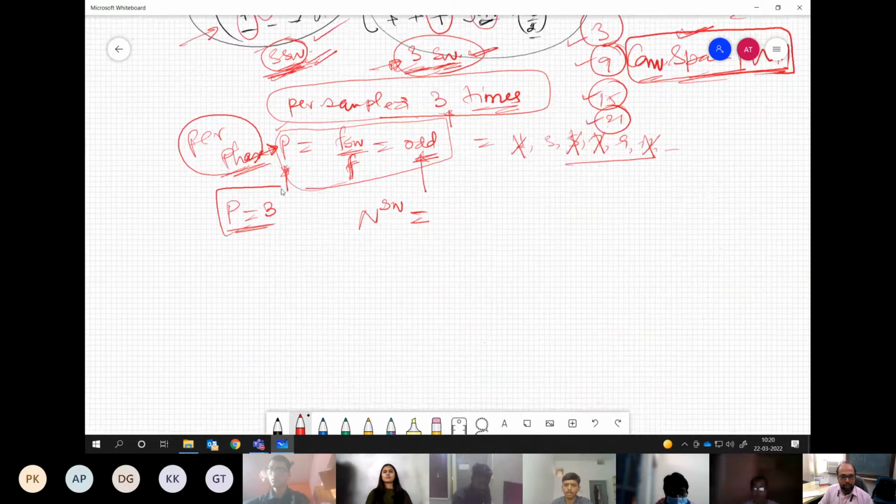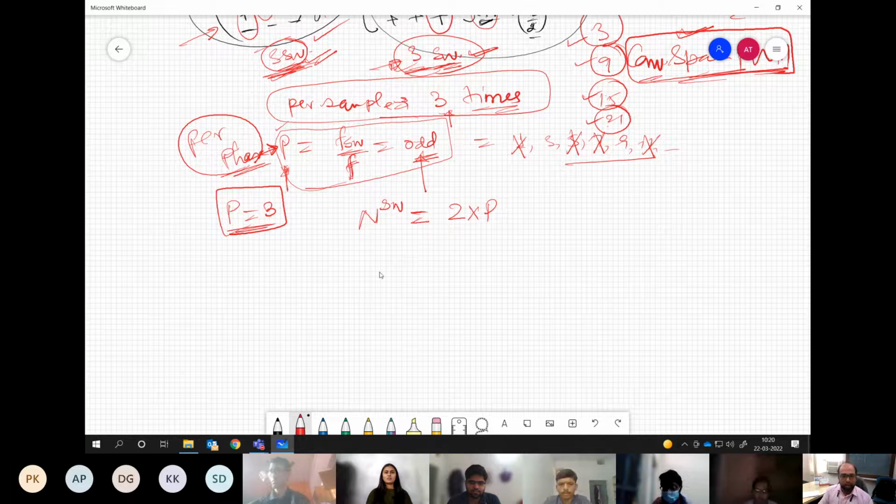So if the pulse number is 3, basically it means that there are these many number of switchings happening. Correct? Yes or no?